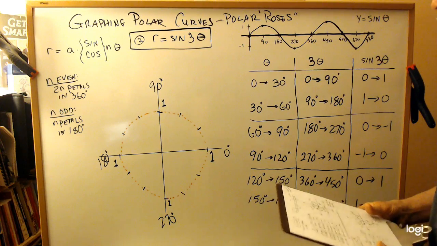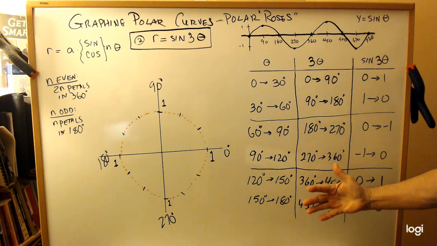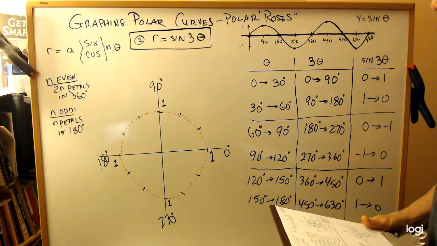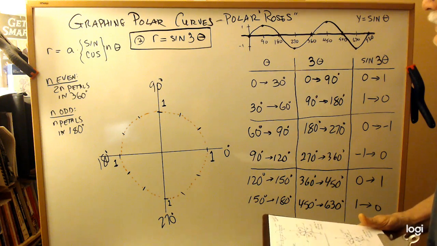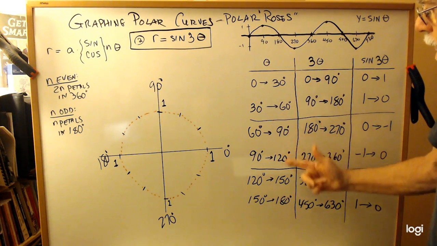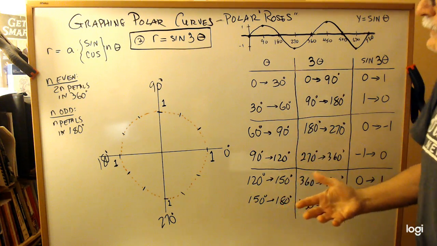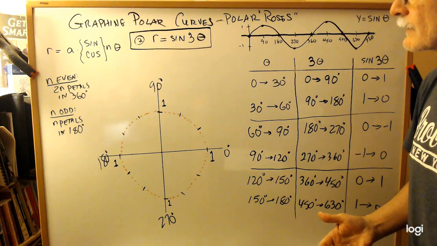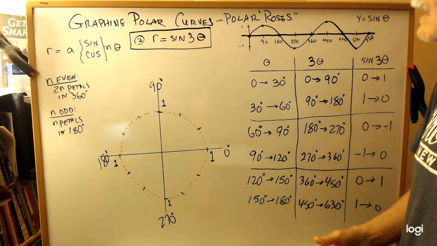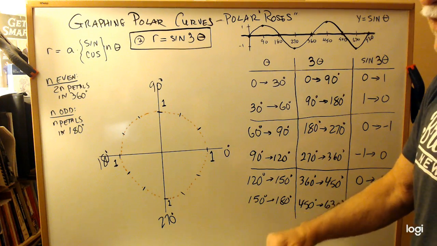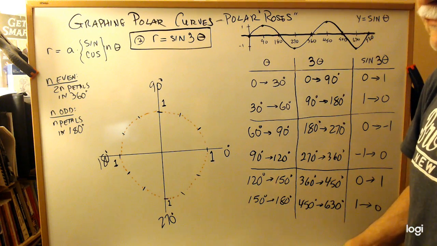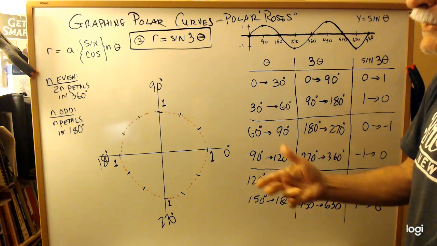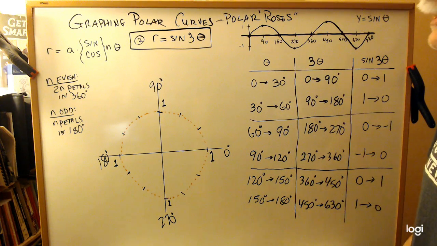All right, once again, I have set up a chart, and at this point, you're probably realizing that the numbers are a little bit different. In the last example, r equals sine of 2 theta, I went up by 45, and hopefully you realize that if you double the 45, that gives you 90, and that's how we got into the quadrantal angles.